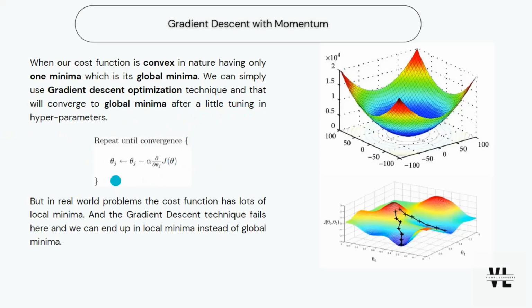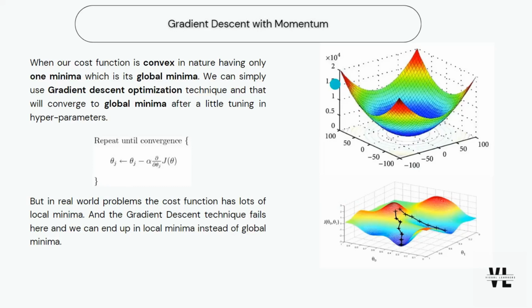So if we just use the previously given formula for gradient descent and repeat it multiple times, then we naturally find the global minimum. But the problem is, in real-world problems, the cost function has lots of local minimum.